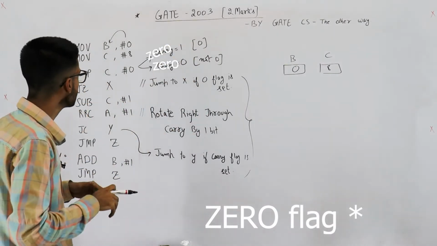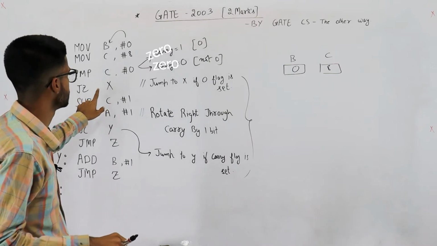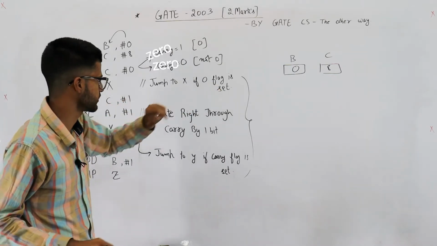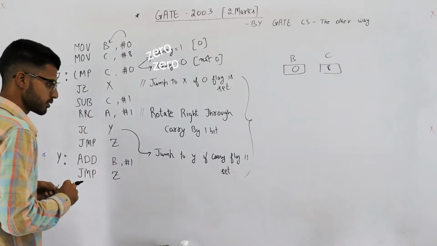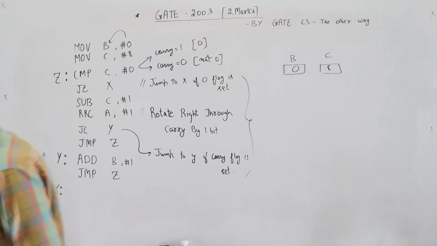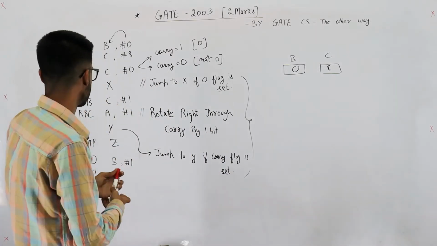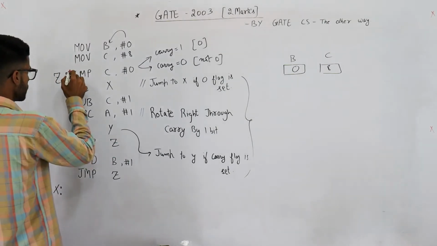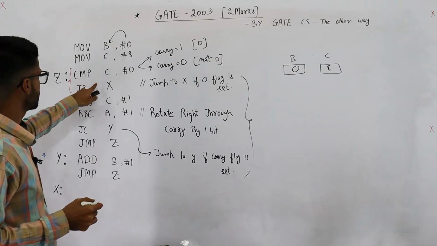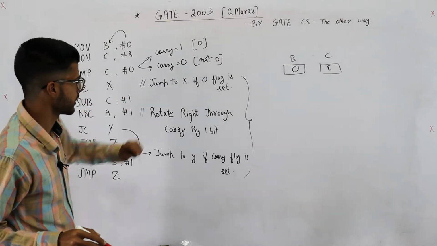Okay. Next instruction says JZ X. JZ means jump to X if the zero flag is set. So these 2 lines mean we need to jump whenever the zero flag is set.